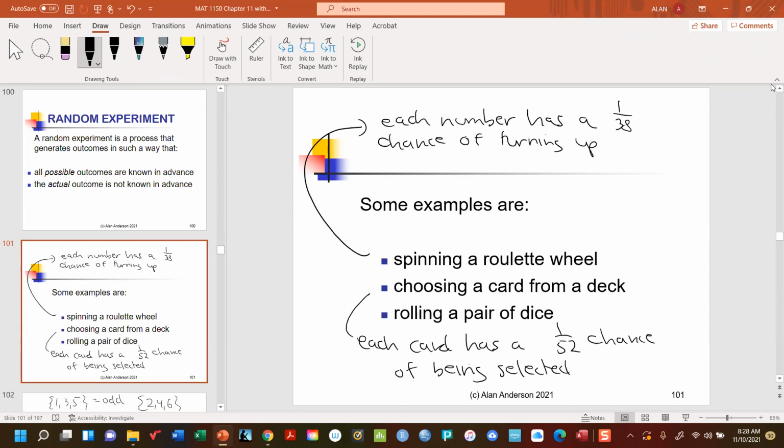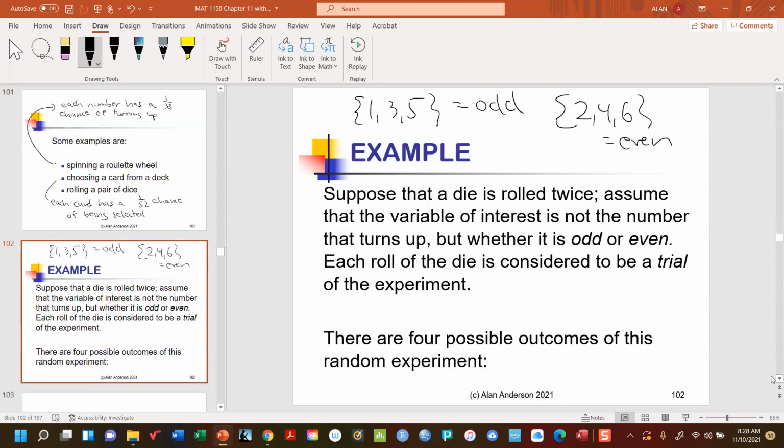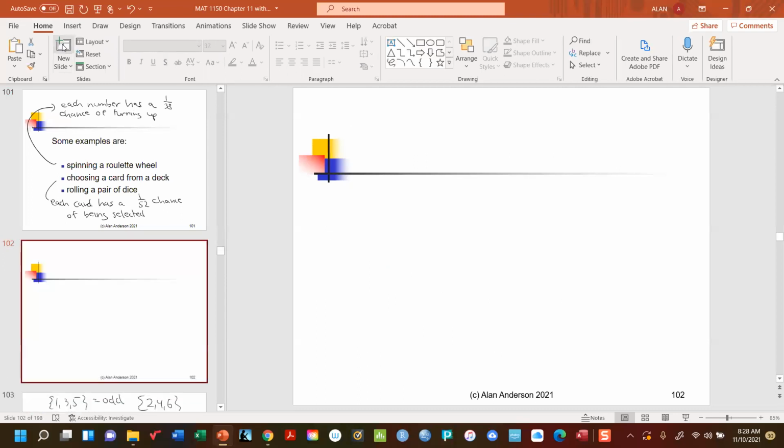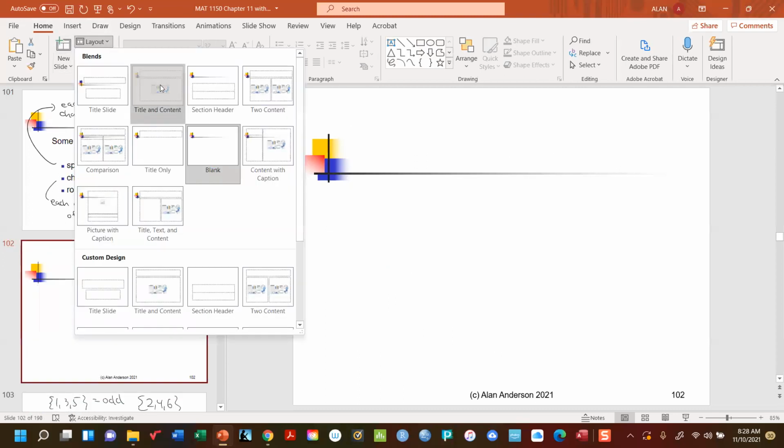Now, rolling a pair of dice is a little bit trickier because we have to sit down and think about how many different things can happen with a pair of dice. Everybody knows that a single die has 6 spots on it, ranging from 1 to 6. So if you wanted to know what might happen with a pair of dice, you could express that as ordered pairs.